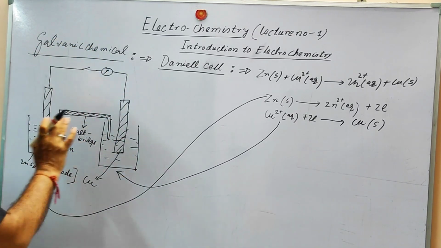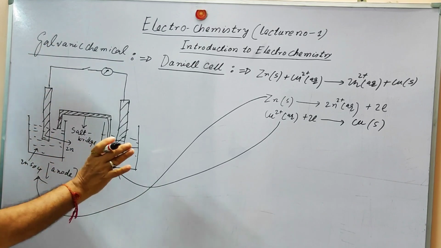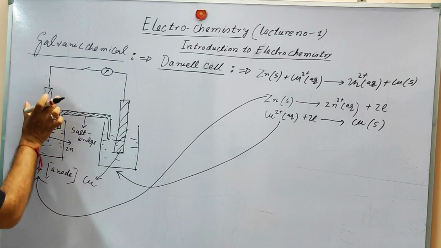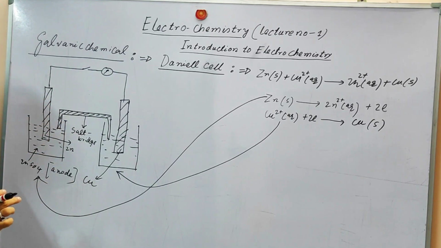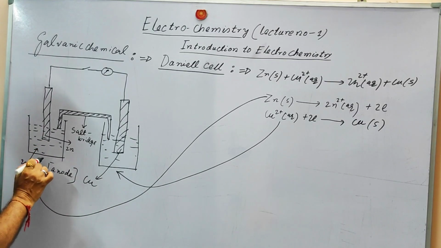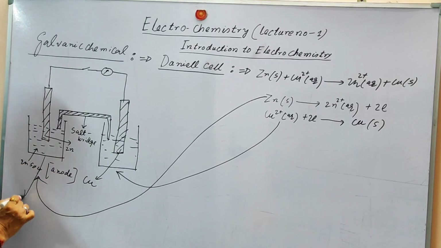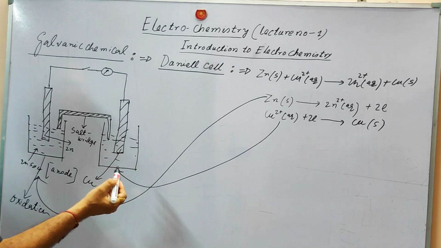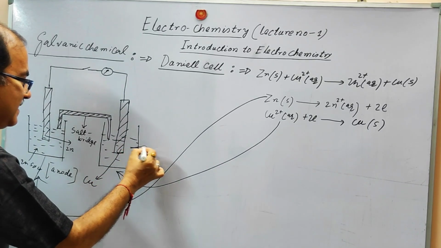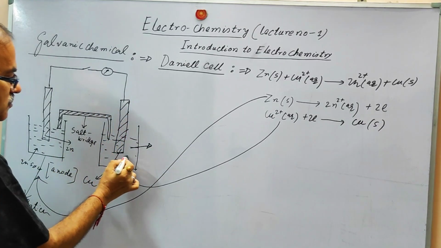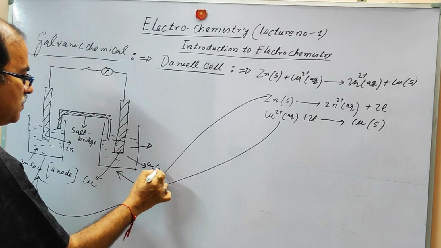The Daniell cell is basically a galvanic cell, and this total cell has been divided into two portions. In one portion there is oxidation of the zinc rod, which becomes the Zn2+ ion. Here the oxidation is going on. The second is the reduction half reaction, with the copper rod in copper sulfate solution.